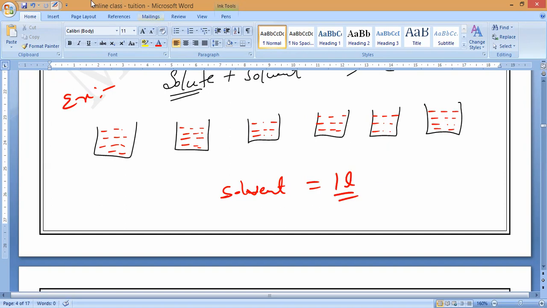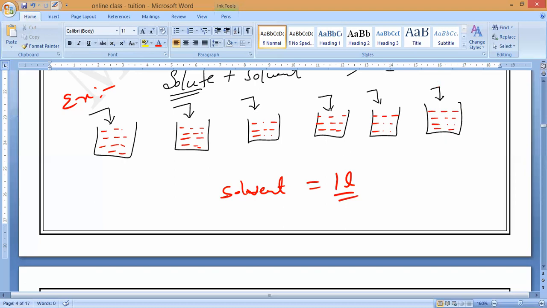Now Tamil Selvan will come, Darun will come, and they will start dissolving. This is the duty of Elamukil. Now Tamil Selvan will bring different kinds of salt, sodium chloride, potassium chloride, sugar, and some other components, magnesium chloride, calcium chloride, like that. Different solutes will dissolve. Now tell me, will every solute dissolve in the same quantity or in different quantity?